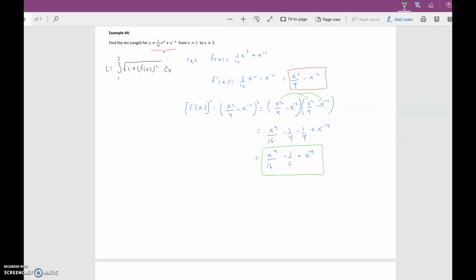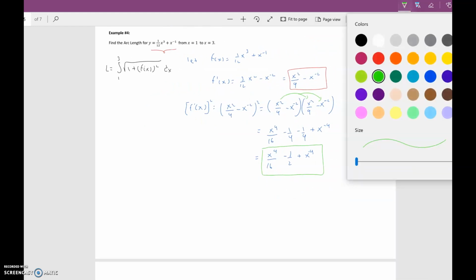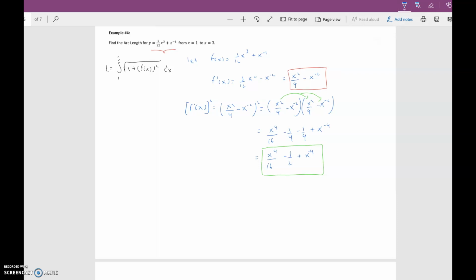Now, mostly all of these problems, once you add the constant, you should be able to factor. So far I'm just doing all the bits that happen to be inside of the square root separately. So I'm now going to try to do 1 plus f prime of x technically squared.